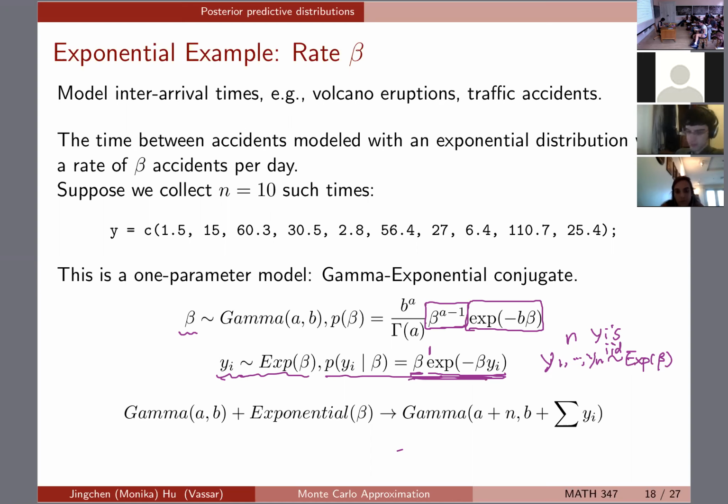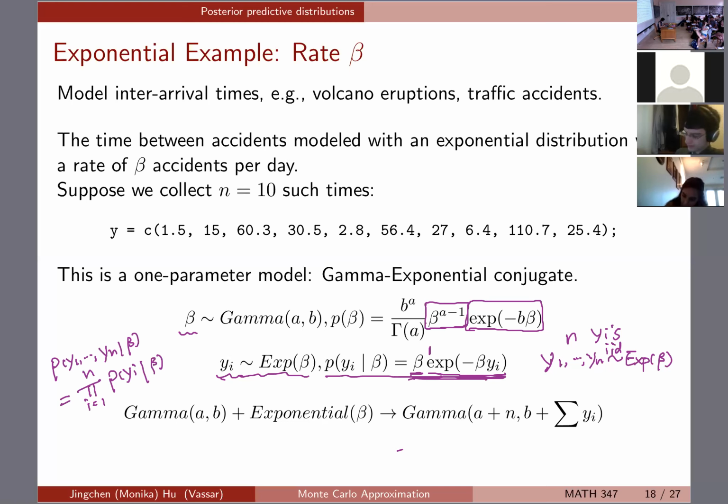But make sure that you know y1 to yn given beta is the joint of all of the yi. So not only express just one piece of yi, but n pieces of them, and then you multiply them together.